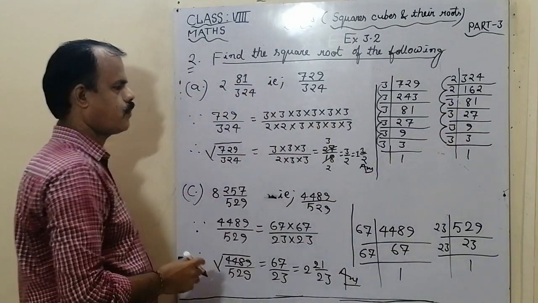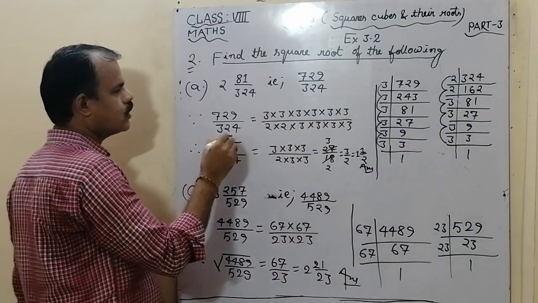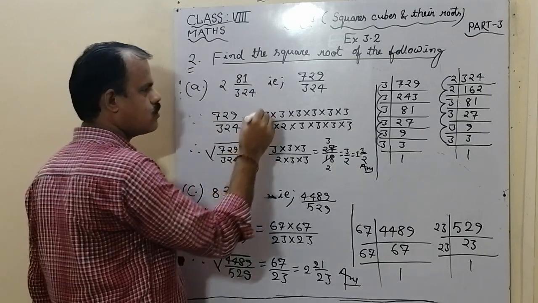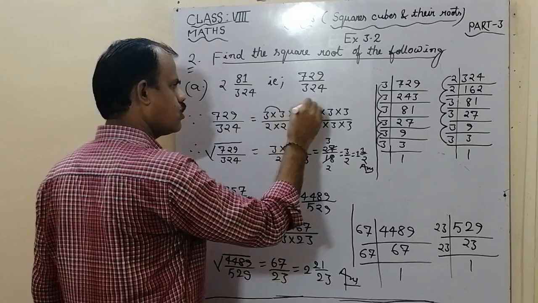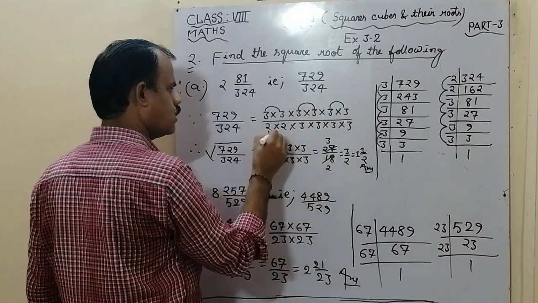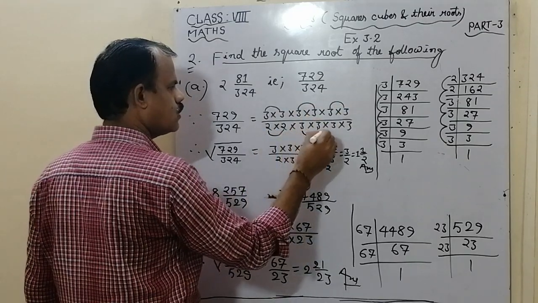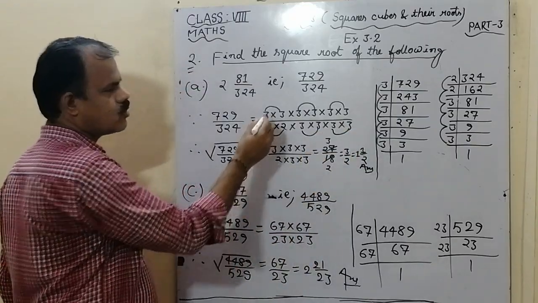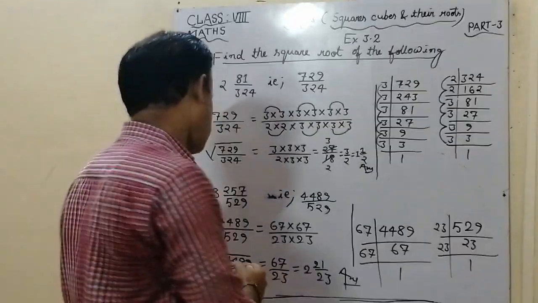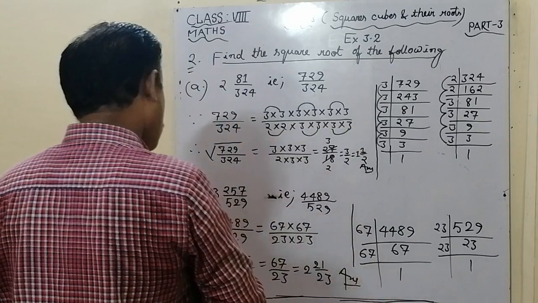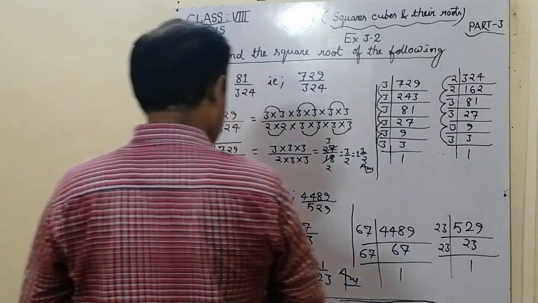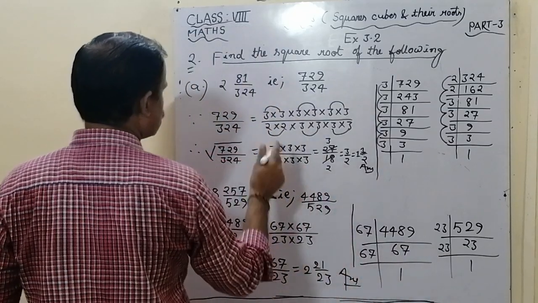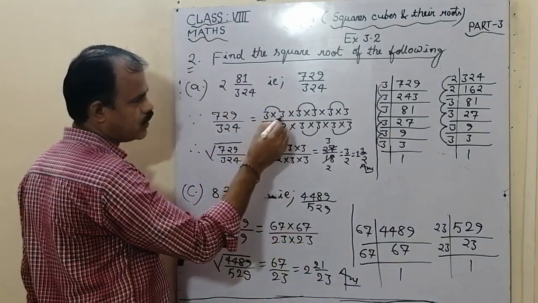So we write here. Now taking the root under this number, this is a pair, this is also a pair, this is also a pair, and here these 2 are a pair. So here you see 3 multiply 3. We have made pairs, so we take out one factor from each pair, 3 into 3 being one pair.